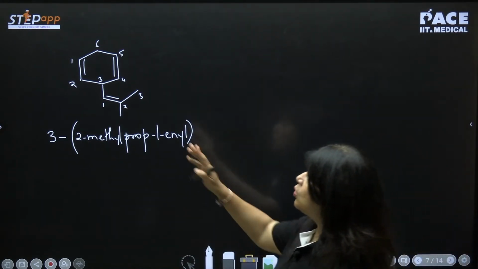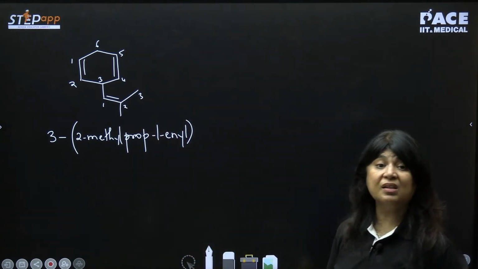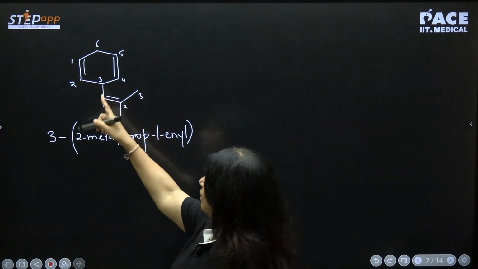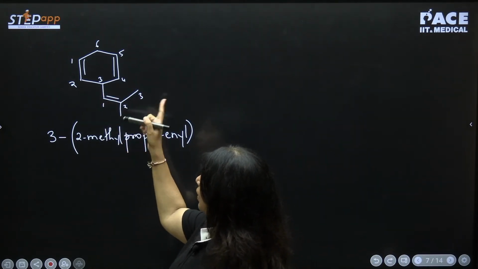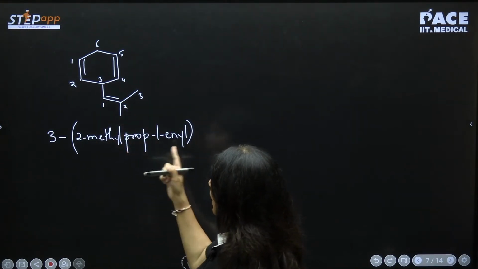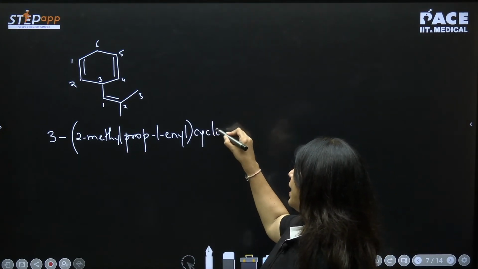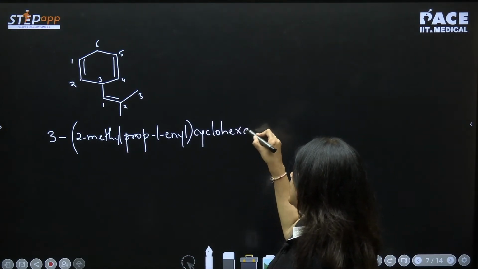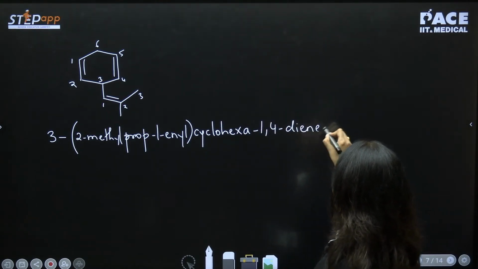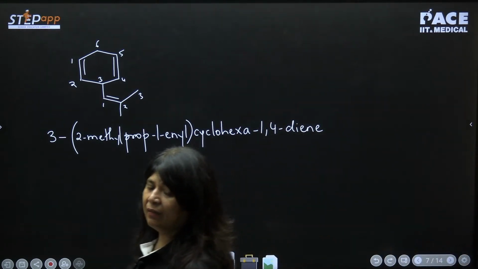The double bond could also have been on the second carbon if it was like this. So indicating the position here is compulsory. So it is on the third carbon of the parent chain where you have this propenyl group. The propenyl itself has a branch here on the second carbon. So 2-methyl prop-1-enyl. And then the parent, which is cyclohexa-1,4-diene. Cyclohexa-1,4-diene.